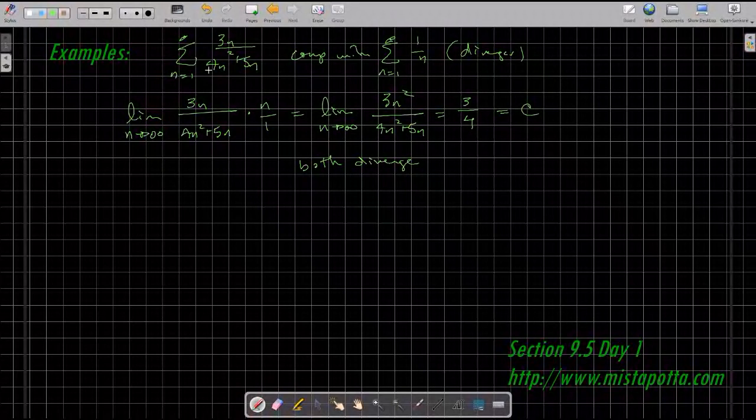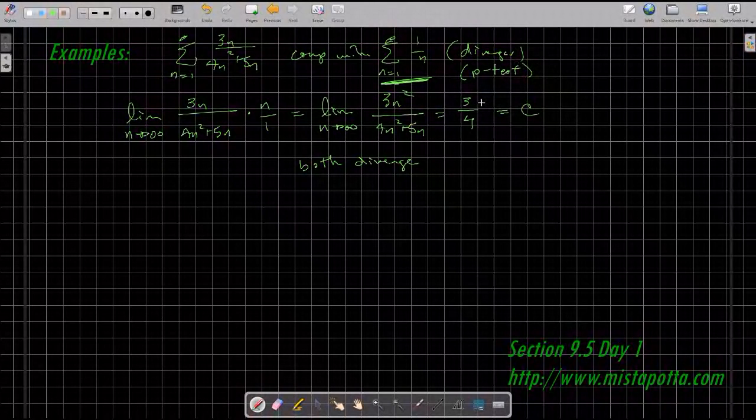So this limit comparison test is very similar to the direct comparison test that we were doing before, except I don't have to test the absolute magnitude. I'm really looking at the relative magnitude. I'm looking at the relative degrees. And I'm choosing these series based on what I know from the P-test.